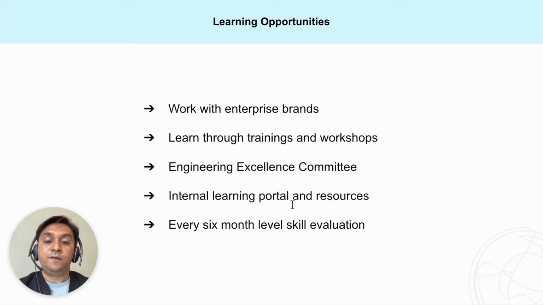We also have an amazing program called 6 month level assessment evaluations, right? So that is something we do every 6 months. We have dedicated learning and development managers who do a 6 monthly level assessment for you, and that is a very great opportunity where it will provide you direct action items for the improvements that you need to focus on.